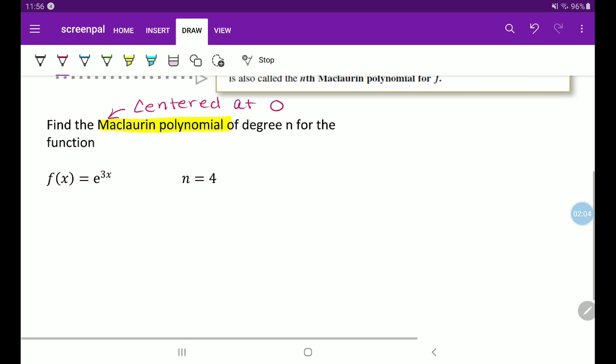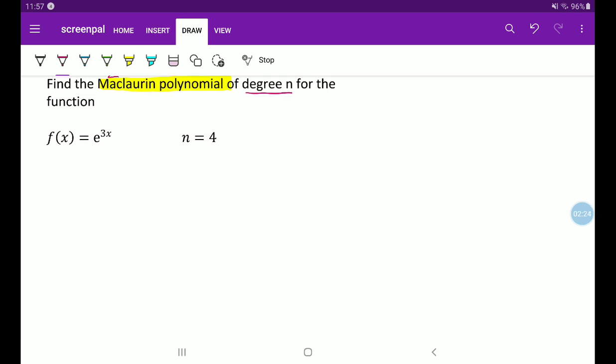So we have been given f of x is equal to e to the 3x with a degree of 4. So that means they want us to go out those 4 terms, so go to the fourth derivative. The first thing I like to do with these is just go ahead and evaluate.